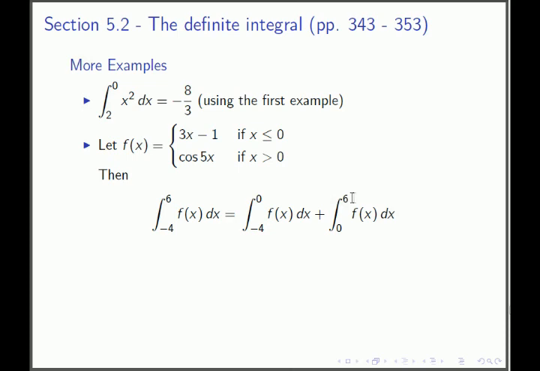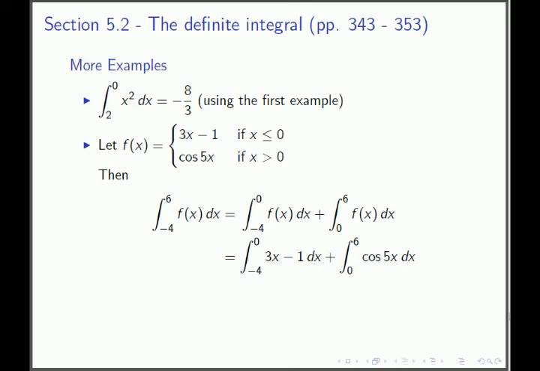The benefit of doing this is that on the interval from -4 to 0, we can replace f with this formula, 3x minus 1, and on the interval from 0 to 6, we can replace f with this formula here, cosine 5x. And so now we have two more concrete looking integrals which we could try to compute separately.